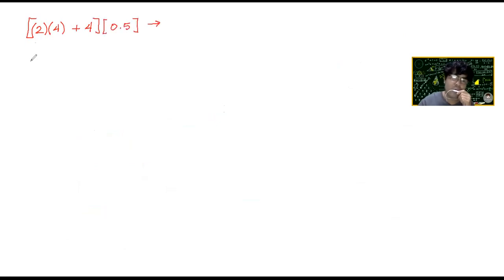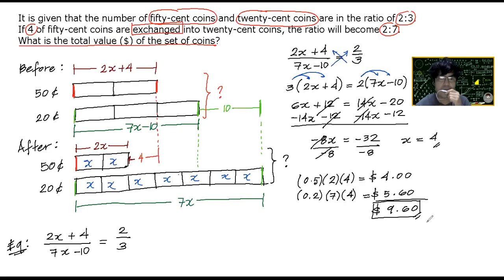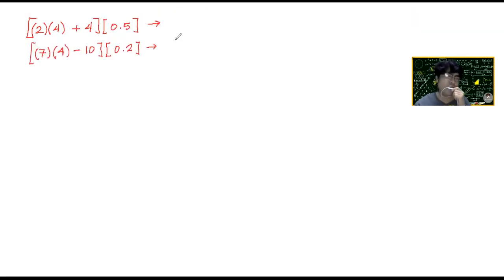Now, how about for the other? 7x minus 10 multiplied by 0.2. Let's see if they are still the same. Okay, now, what if we put that together?